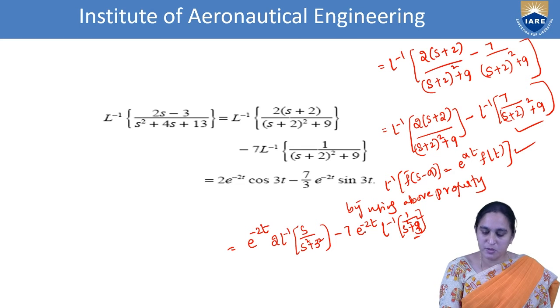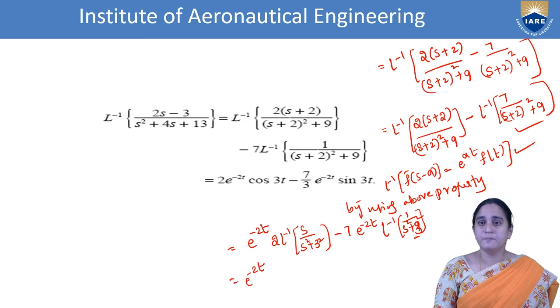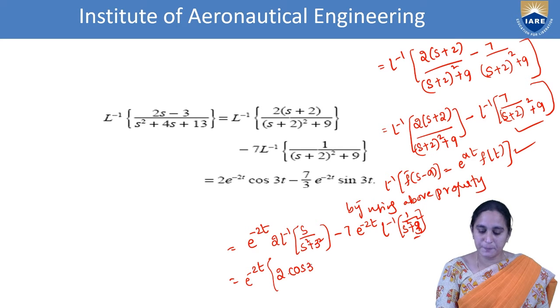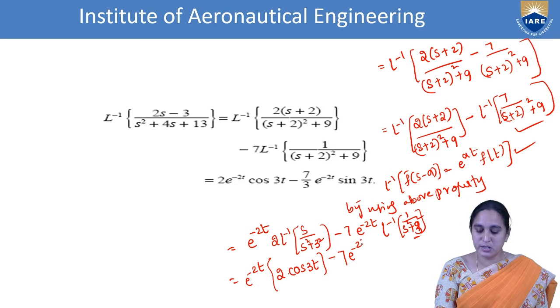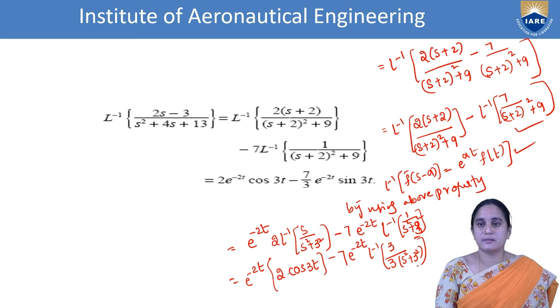What is common here? e power minus 2t is common, and the remaining part is 2 into Laplace inverse of s by (s square plus a square), that is 2 as it is, cos 3t, minus 7 into e power minus 2t into, here what is missing? 3 is missing. That's why multiplying and dividing by 3, that is 3 into 3 by (s square plus 3 square).